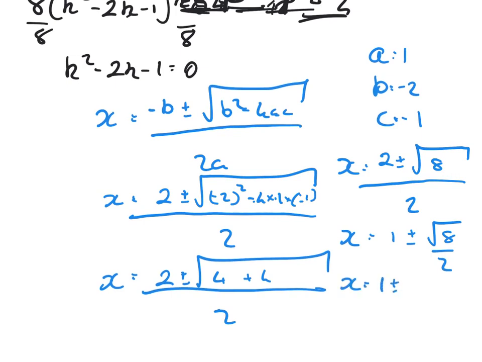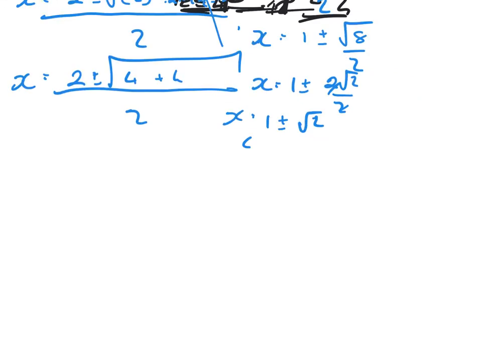So that's 1 plus or minus 2 root 2 over 2. k equals 1 plus or minus root 2. So my two roots then are 1 minus root 2 and 1 plus root 2.